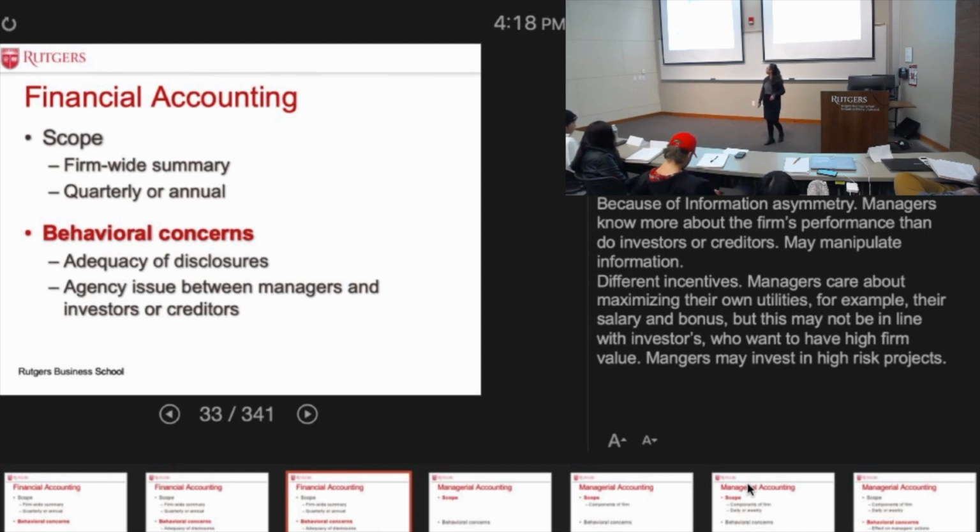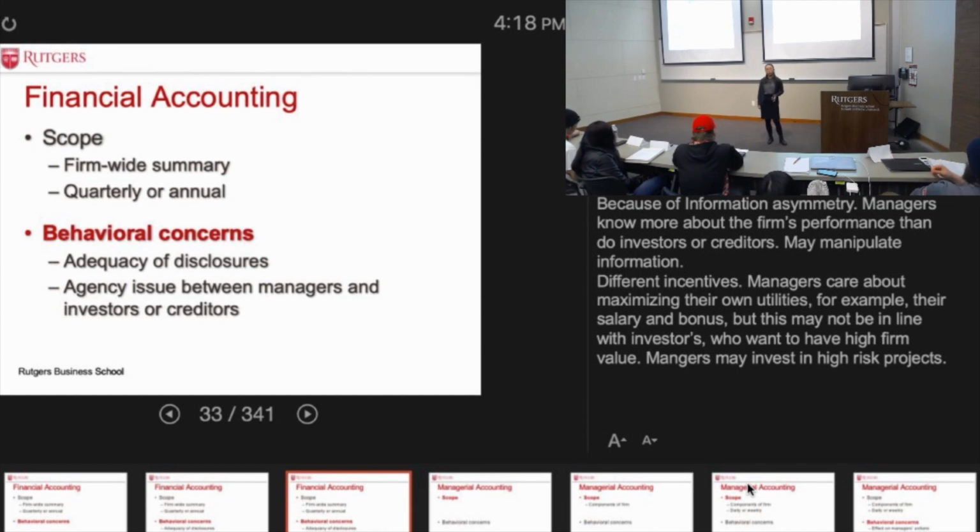And then the other issue is about the agency issue. We will cover this in later chapters, but the basic idea here is that managers have different incentives than the investors or creditors.